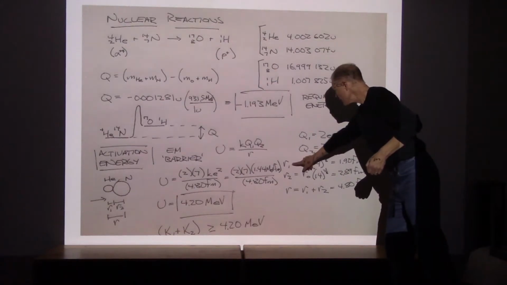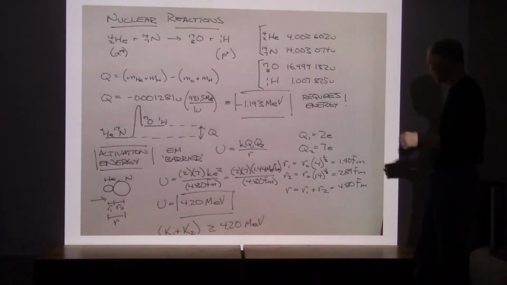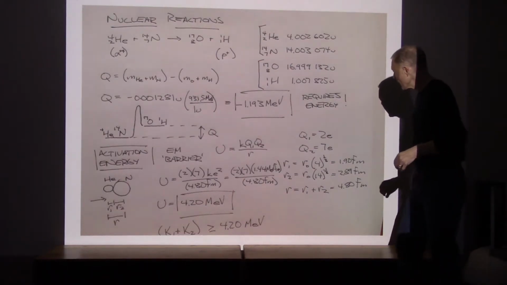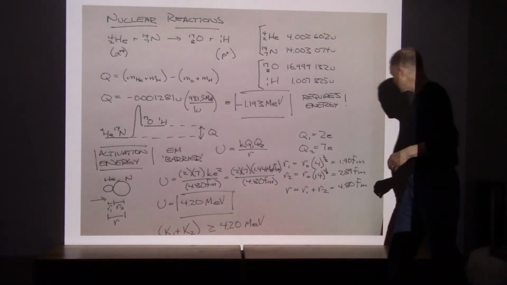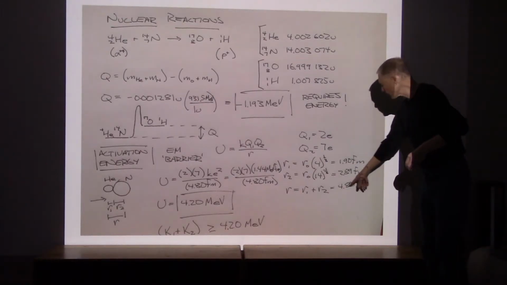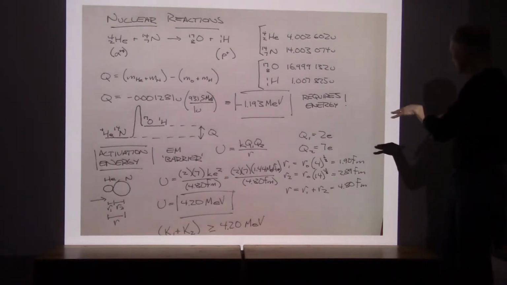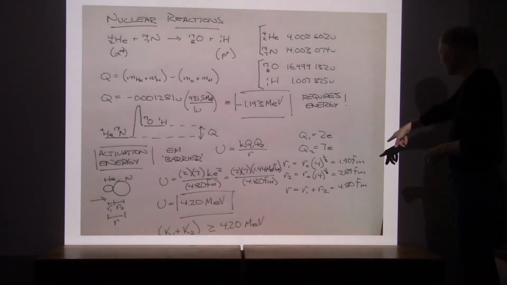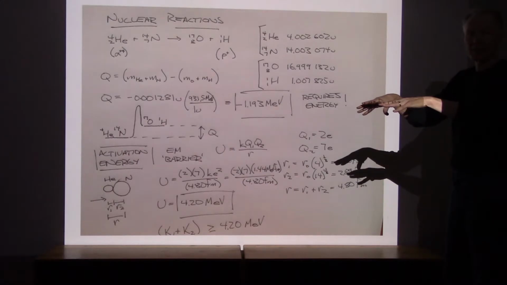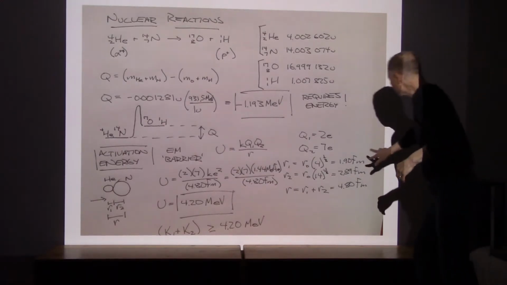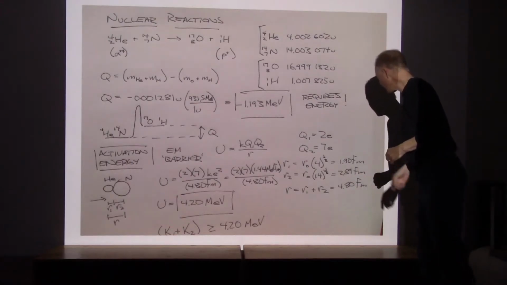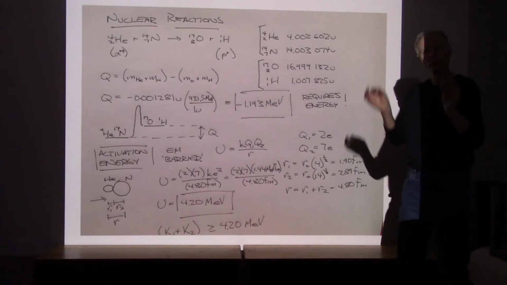So we're saying that helium-4 has an effective radius of 1.90 femtometers, and nitrogen-14 has an effective radius of 2.89, and we add those together and get 4.80. The reason that doesn't look like it adds up is because I left those numbers in my calculator, so these had more digits. Anyway, it worked out to be 4.80 femtometers from center to center.